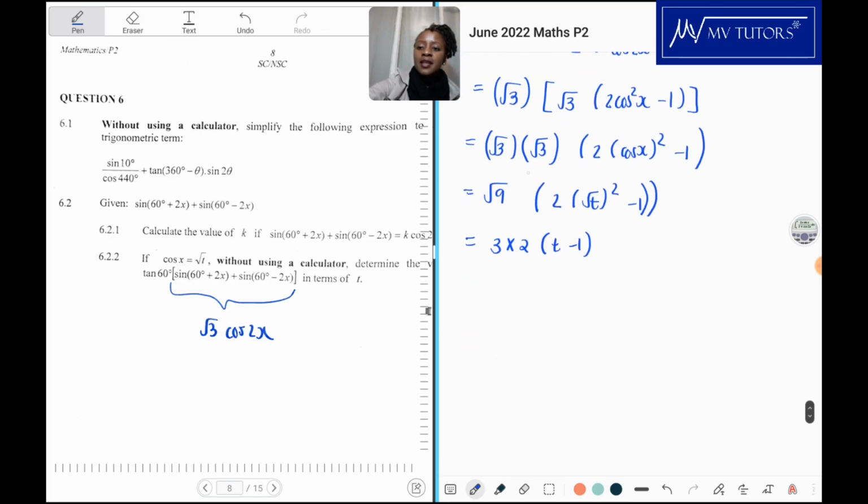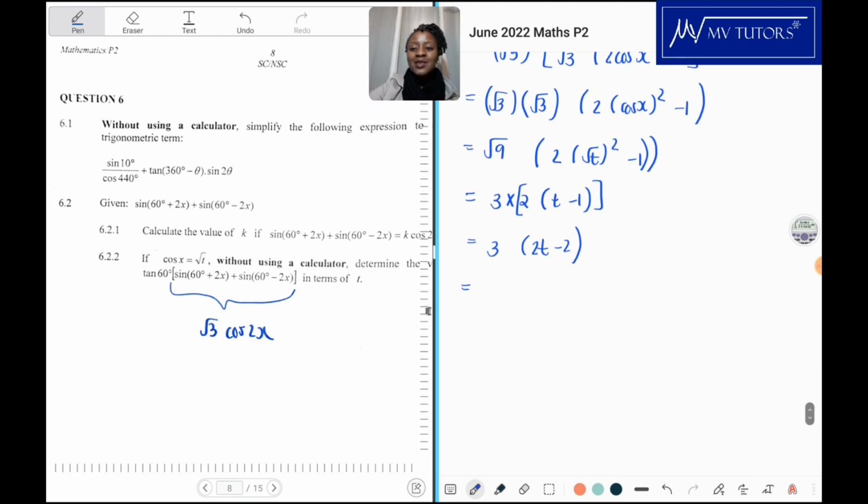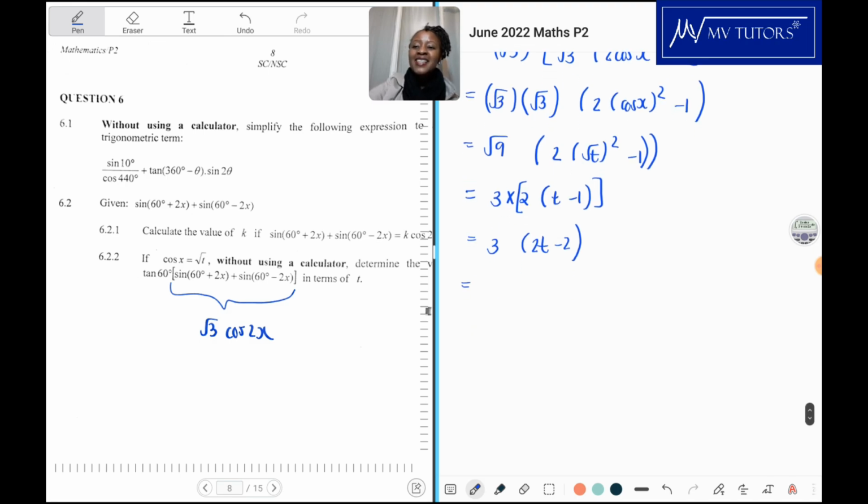So then I have 6 times, you know what, let me just keep this 2 where it is for now. So I have 2t minus, because once we take brackets out, the answers are not going to be the same anymore. So let's start first by removing the brackets, and then we can multiply.